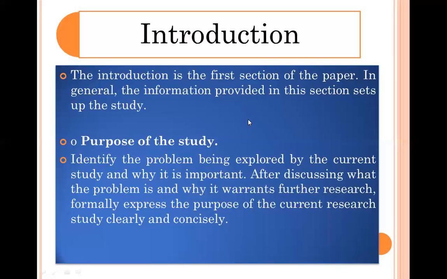So three things are there. You should identify the problem which you are going to explore. You should tell the audience why it is important to study this particular problem. And thirdly, you should tell the various purposes and objectives of your study in a much simpler and more concise manner.